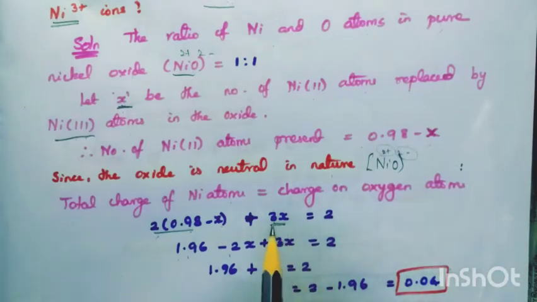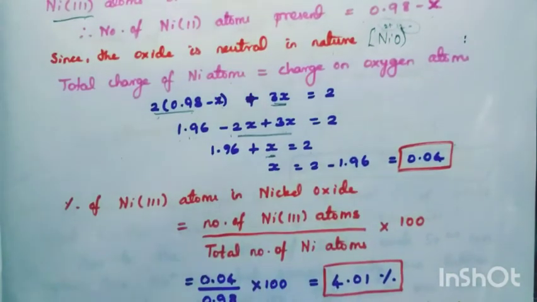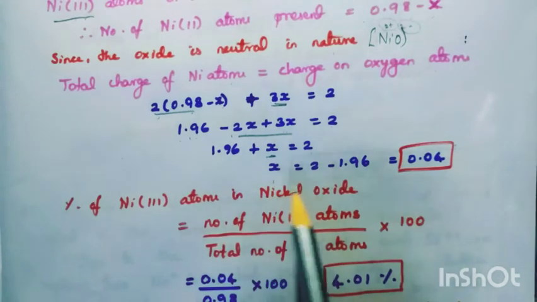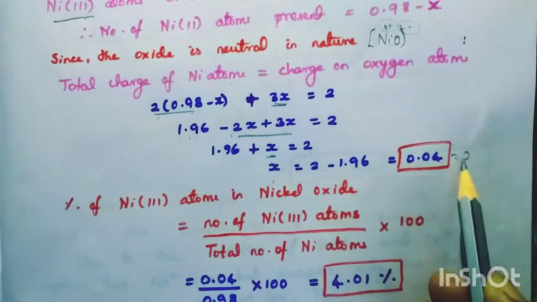This 3X is for Ni3+. So the difference between 3X and 2X is X, so 1.96 plus X is equal to 2. X is equal to 2 minus 1.96, that is 0.04. So this is the X amount.